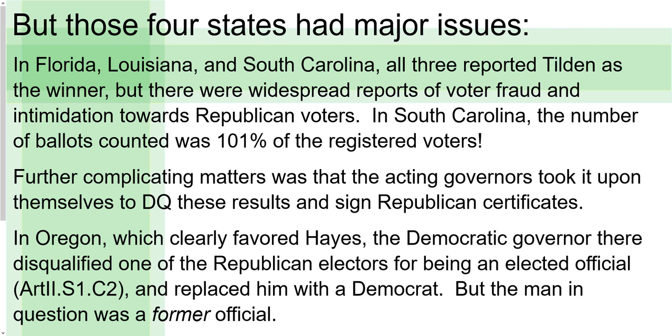Now, what further complicated matters with these three states is the acting governors took it upon themselves to disqualify these results. So at this point in time, the South is still recovering from the Civil War, and part of that is the whole idea of Reconstruction. The federal government occupied the southern states, and there were federal troops from the north in the South, helping to control a lot of different things, right?